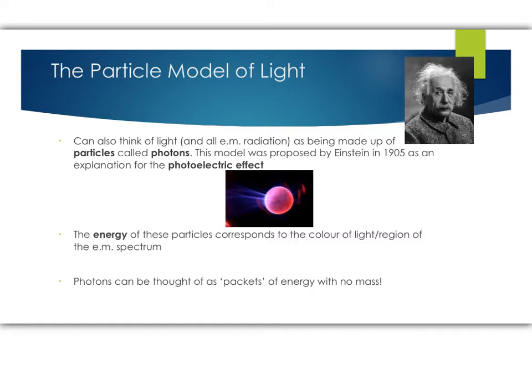And these particles have a certain amount of energy, and whereas before we said the frequency of light corresponds to the colour or the region of the electromagnetic spectrum, instead we can think of the energy of the photons as corresponding to the particular colour of light or region of the electromagnetic spectrum. Another way, if it helps, you can just think of photons as being packets of energy. They are particles, but they don't have mass. But they can interact with matter, as we're going to see.